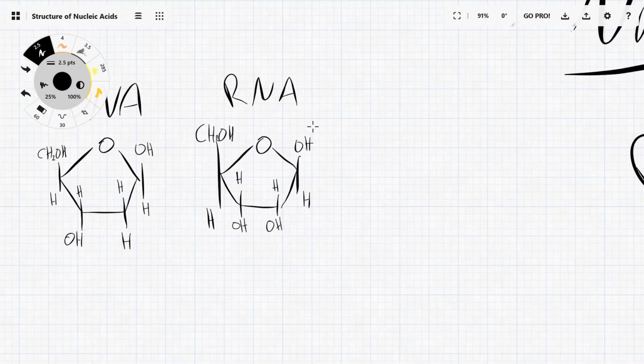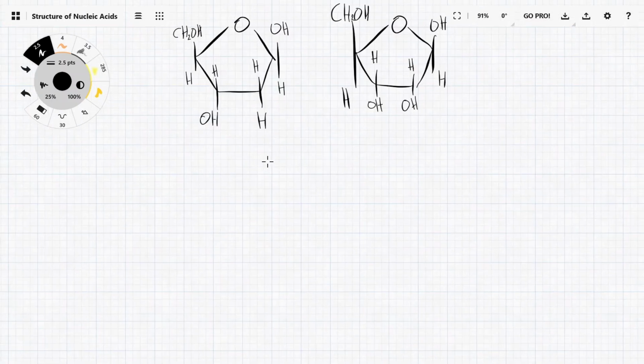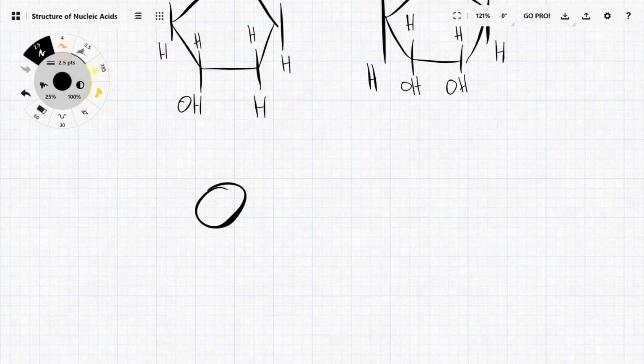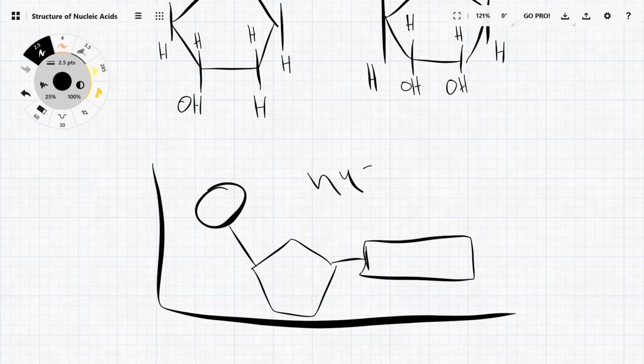So overall, the structure of a nucleic acid will be composed of a phosphate group connected to this pentose sugar, pent meaning 5, so 5 carbon sugar, with a nitrogenous base, right? And so this is the overall structure. This is what we call a nucleotide.